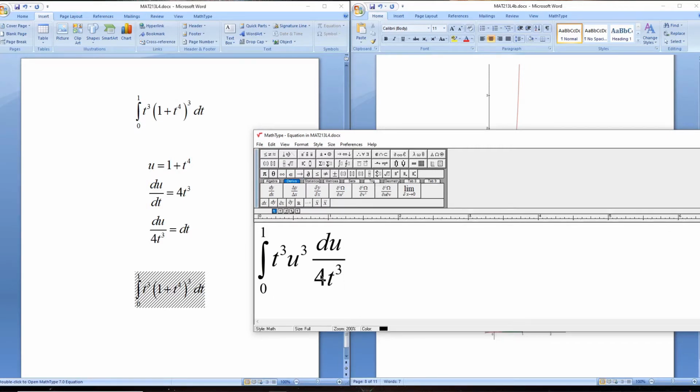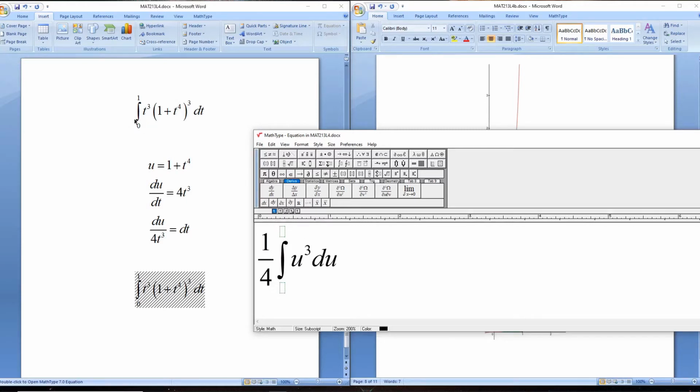And those t cubes cancel. And the 1/4 we can pull outside the integral. And here is our integral so far. So this is what we did last time, where we didn't have any integration limits.